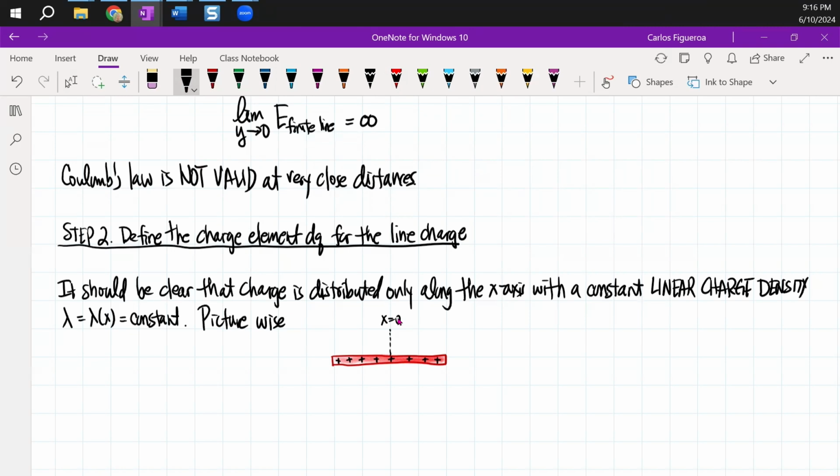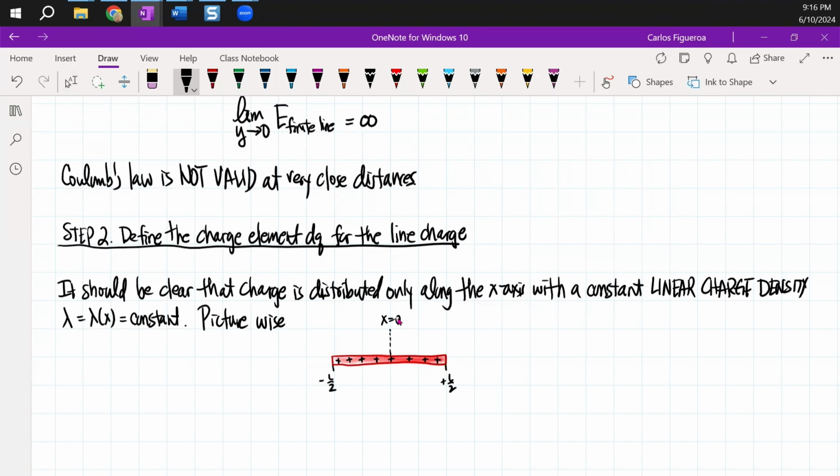Now, here's what we have to start doing. By the way, I should mention that because I want to choose symmetry, I'm going to choose my line so that if this is x equal to 0, then half of the line is to the left, half of the line is to the right. Now, we need to be careful how we define this charge.